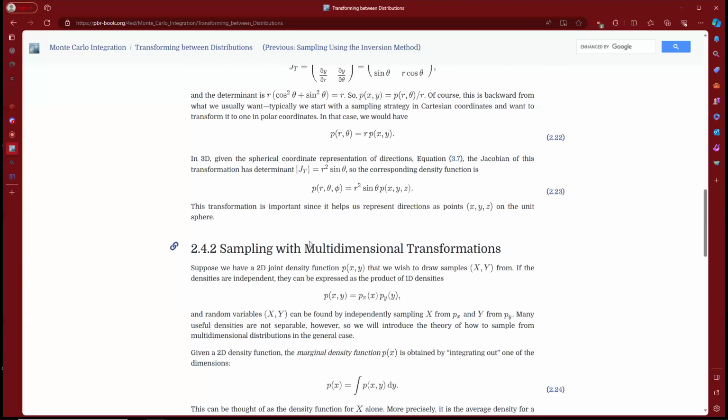So the corresponding density function is p of r theta phi equals r squared sine theta p of xyz. Okay. Transformation is important since it helps us represent directions as points on the unit sphere.